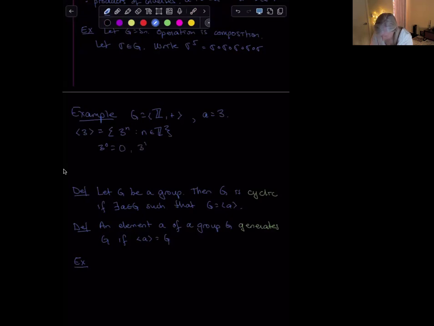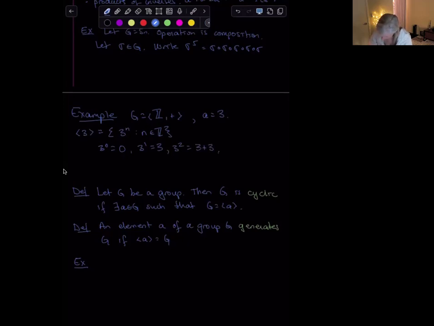3 to the 1 is 3. 3 squared is 3 plus 3, because we're doing the operation twice. 3 to the 3 power is 3 plus 3 plus 3. 3 to the minus 1 is -3 because it's the inverse.